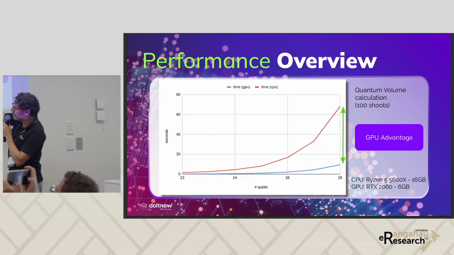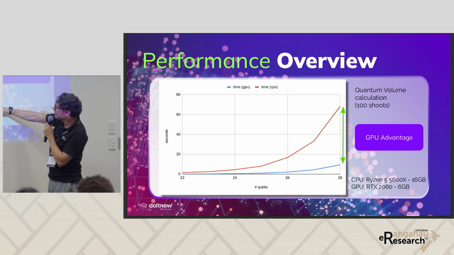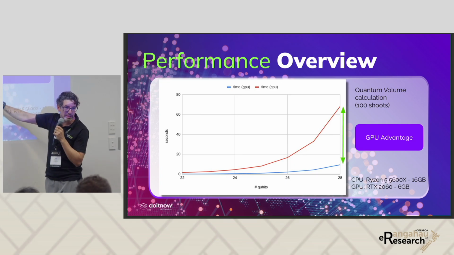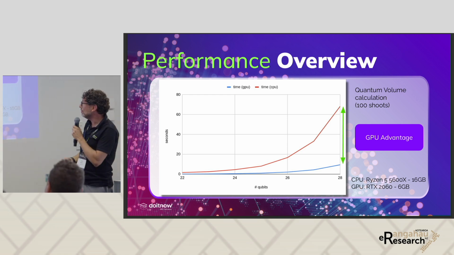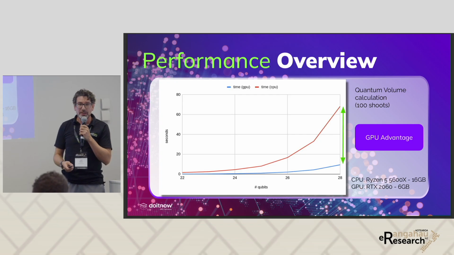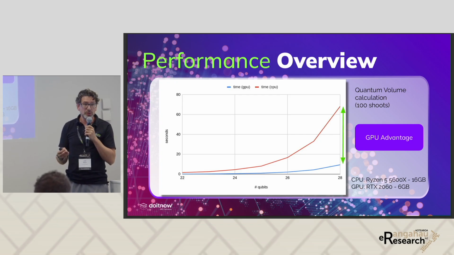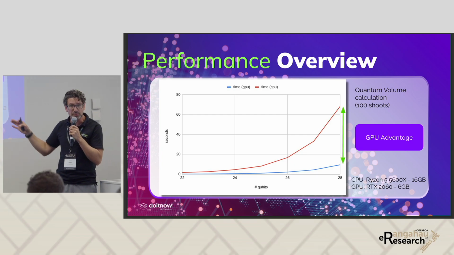I can see that with 28 qubits, the GPU, which should be green nowadays, is providing quite a substantial performance advantage compared to a regular CPU. That's why when we talk about quantum emulation, NVIDIA is there, and AMD GPUs are there.